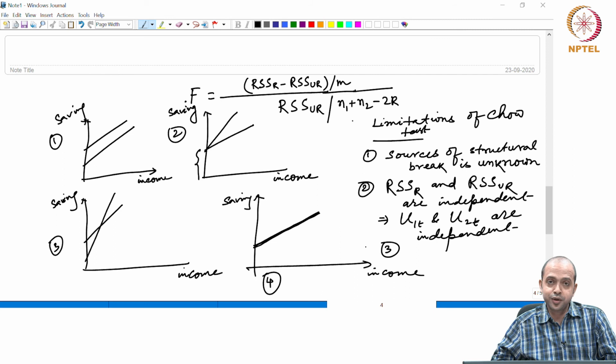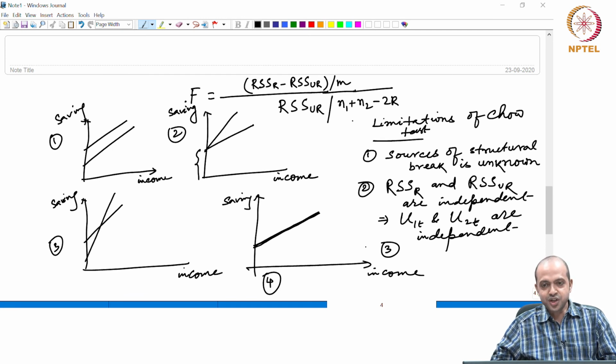But it may so happen that if you have a saving income relationship for a particular country for the last 50 years, sometimes you may not know in which particular year there is a break and how many breaks there are. Here we have assumed only one break.